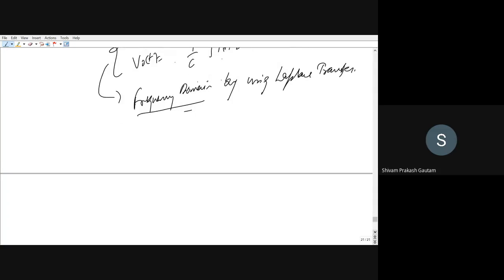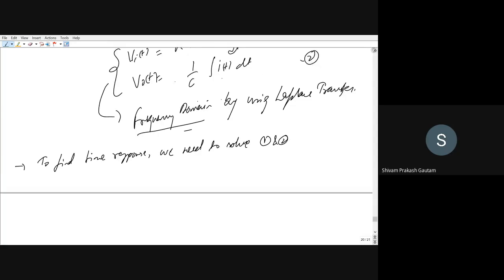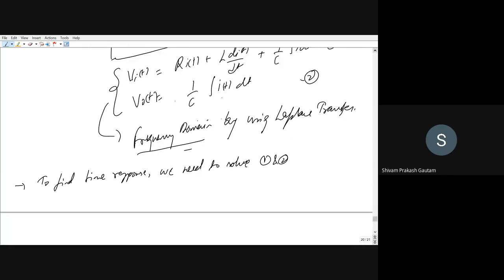The first motivation is to find the time response. To find the time response, we need to solve equations 1 and 2. Now, solving equations 1 and 2 is quite hard.